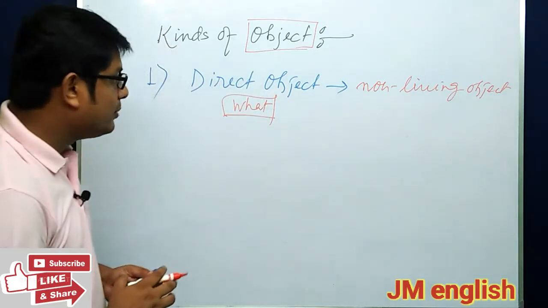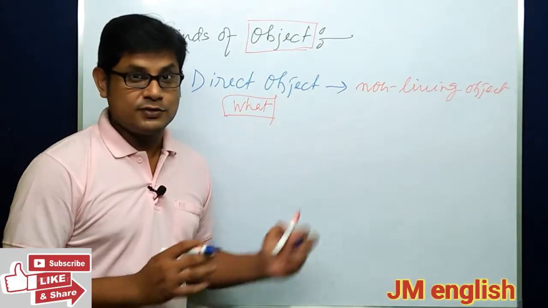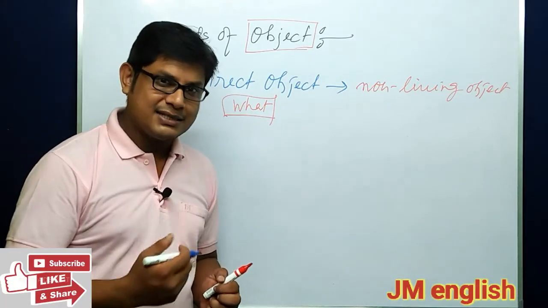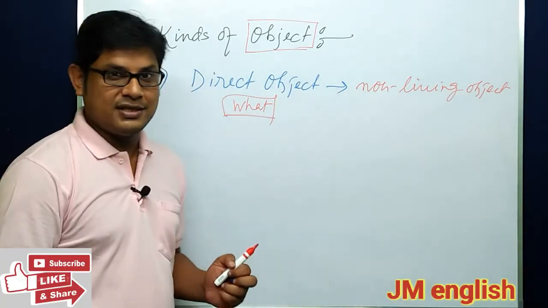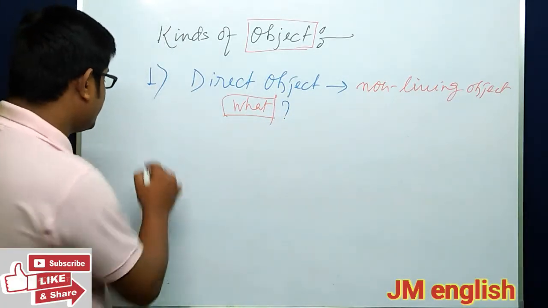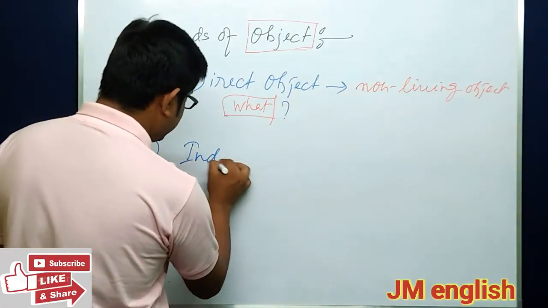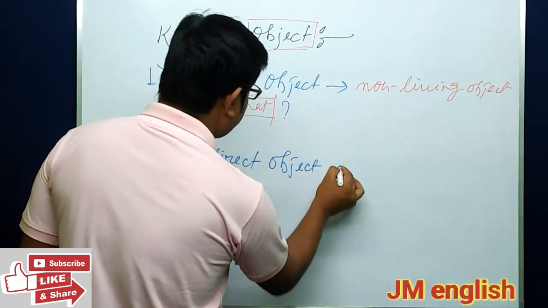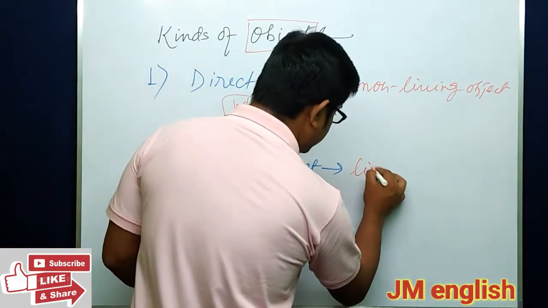And basically, normally you get an answer which is non-living. That object is non-living. It is not any person or any animal. Okay, so that's the reason we also call it a non-living object. So with what, right? And number two, which is called indirect object, or also you can call it a living object.